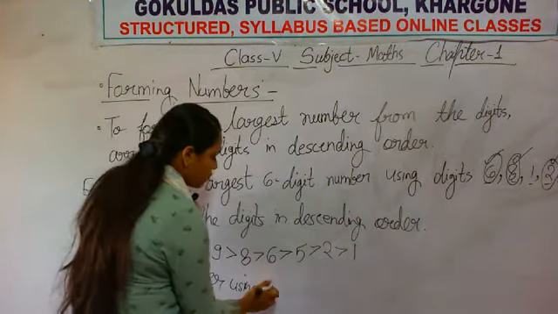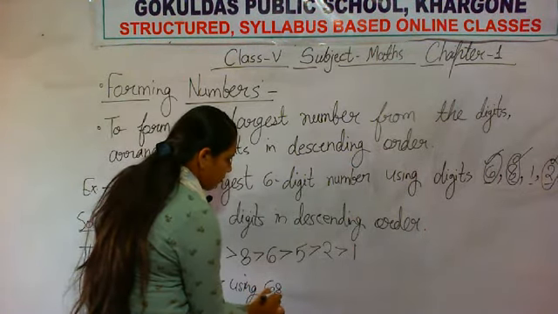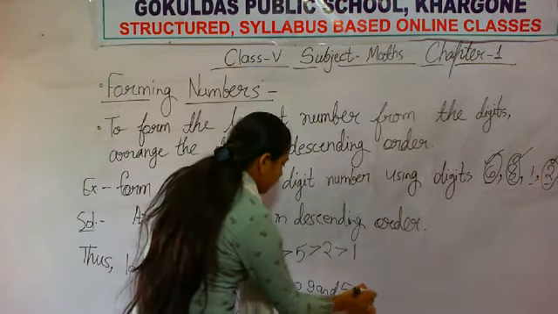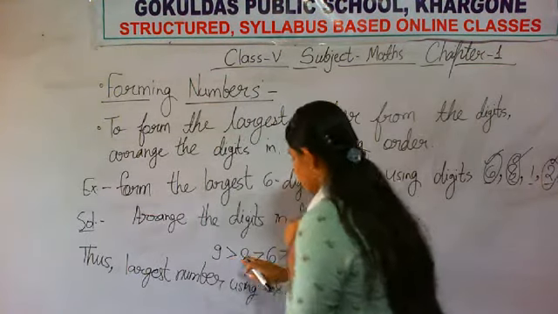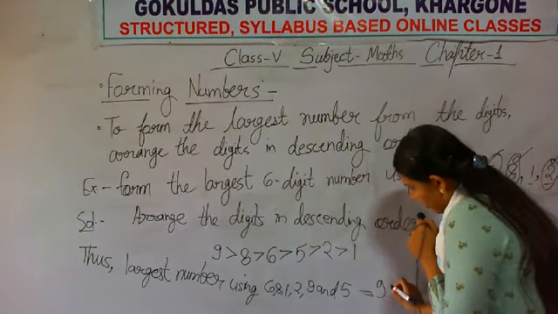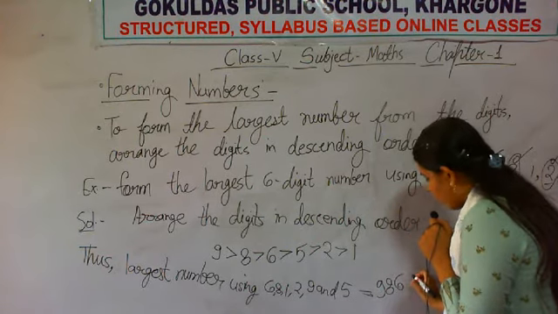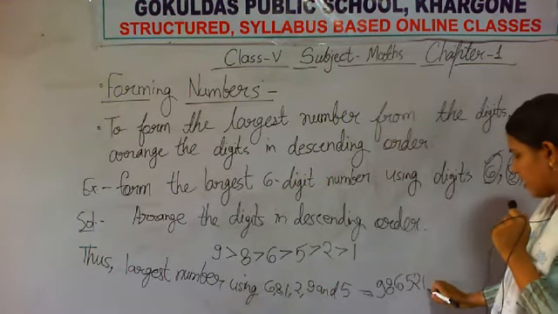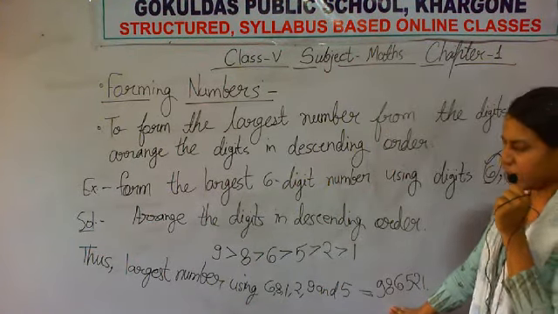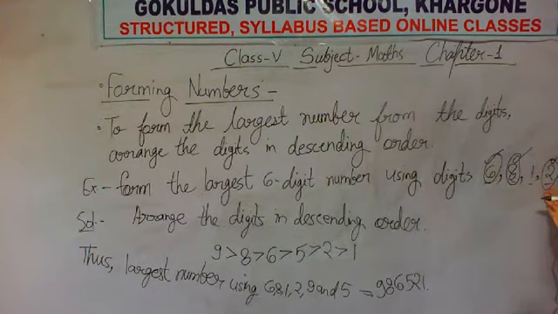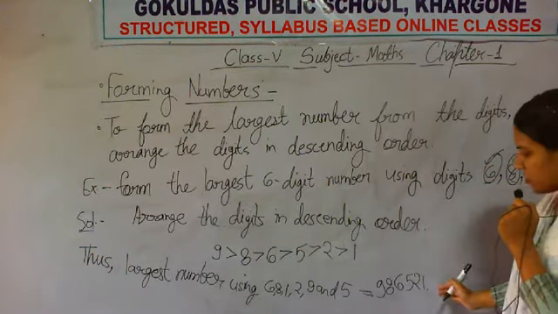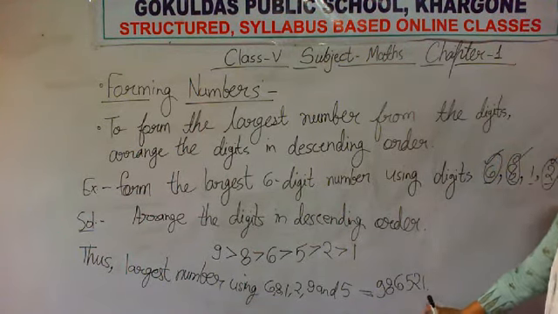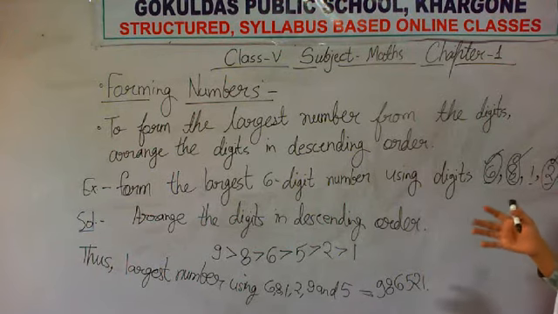So the largest number using 6, 8, 1, 2, 9 and 5 is equal to, write all these digits without the symbol. Okay, I removed the symbol when I wrote the final answer. So it is your largest number, and using 6, 8, 1, 2, 9 and 5 you got the largest number 9,86,521. So this is how you write the largest number.